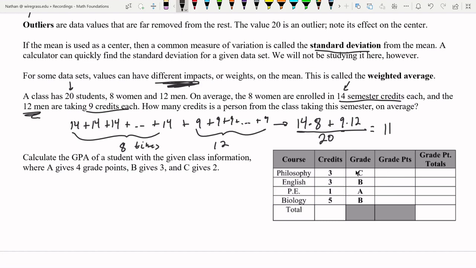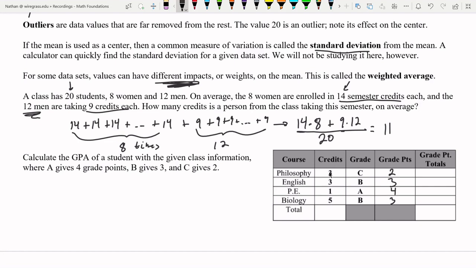So here we have a C. A C is going to be 2 grade points, a B is going to be 3 grade points, A is 4, and a B is 3. Now, these are the grade points per credit. So each one of these credits is going to get multiplied by the grade points, right?